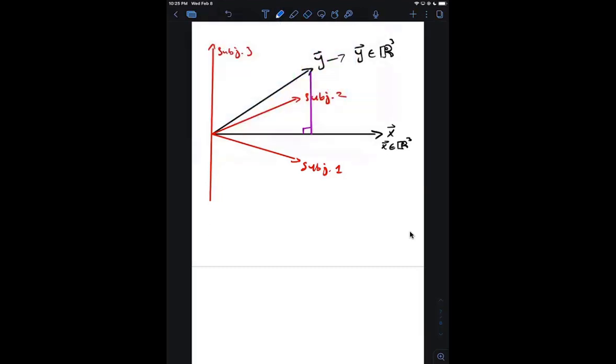Let's choose blue here. So this is what we want.